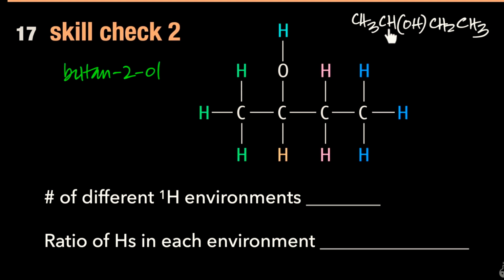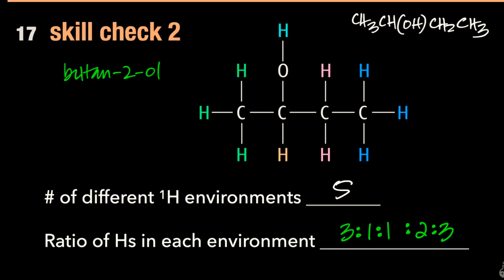1, 2, 3, 4, 5. You're missing out on the OH also, that's also hydrogen. So there's a CH3, the H on a C, the H on an O, the CH2 and a CH3. And the ratio would be 3 is to 1 is to 1 is to 2 is to 3. Absolutely.